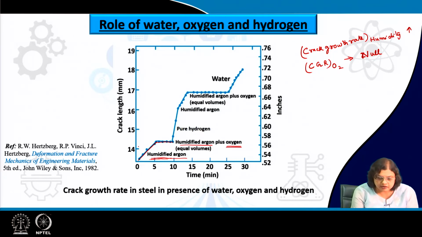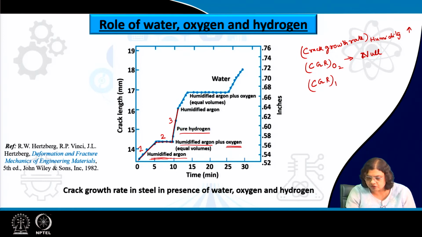Now, in the third step, so this is step 1 in humidity, step 2 in oxygen, and the third step in presence of pure hydrogen. So, this is not moisture anymore, this is just pure hydrogen, and we can see that the crack growth rate is the highest. Okay. So, crack growth rate in presence of hydrogen is actually highest.